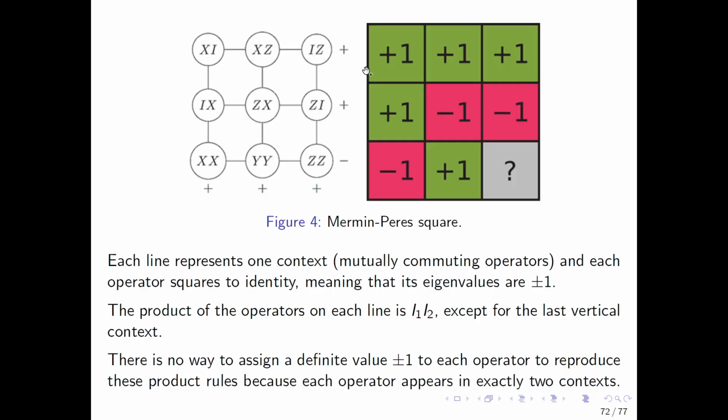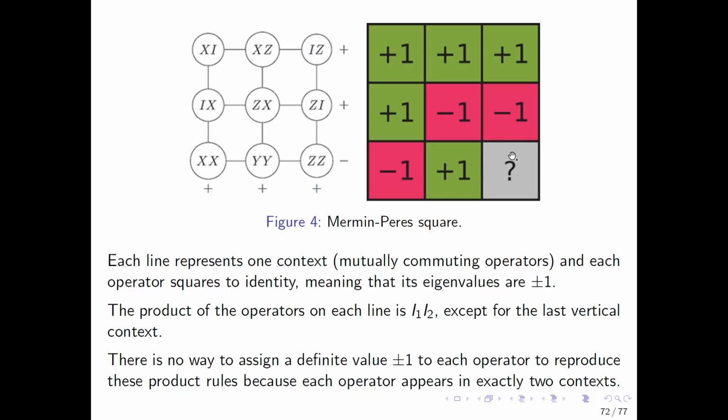Now you can ask yourself, can you fix the values for each square in such a way that they satisfy these conditions? You'll find that you cannot, because of this one line of minus. If you fix, let's say, -1 over here, then this has to be +1.